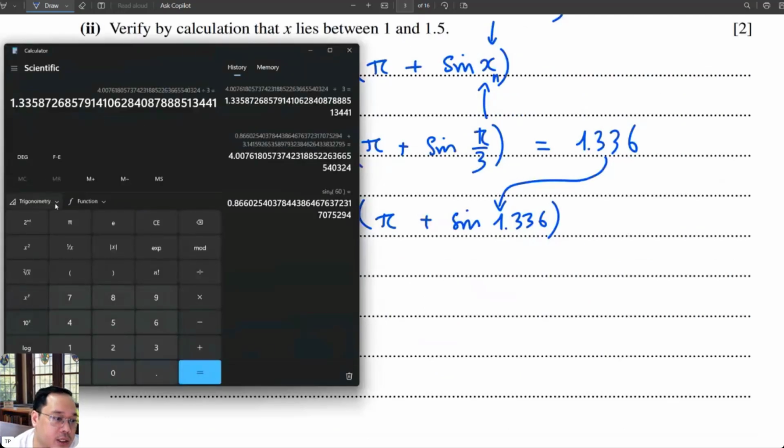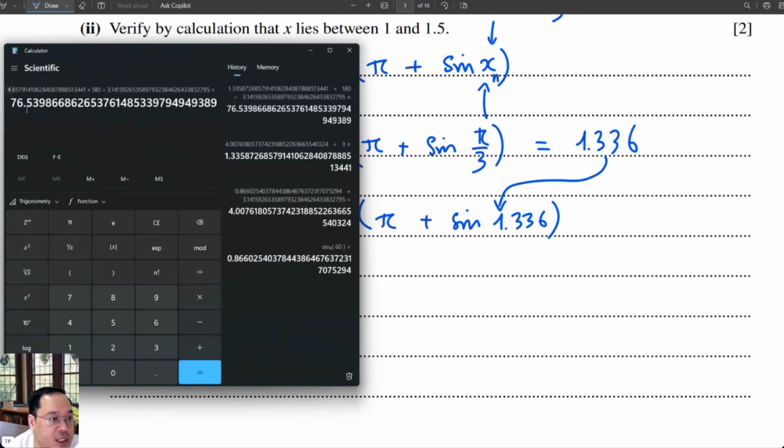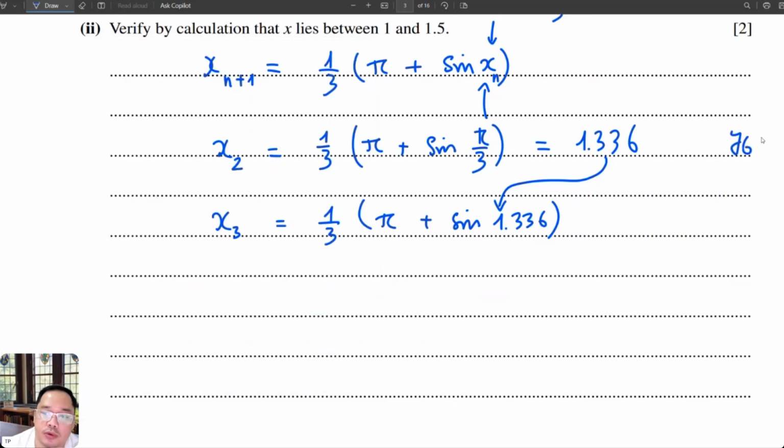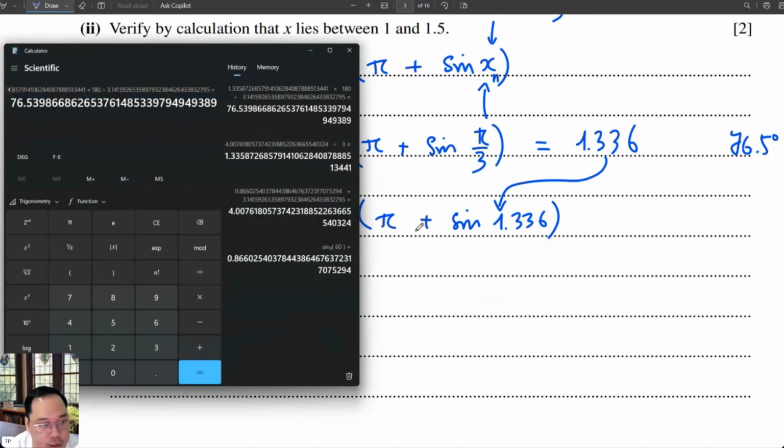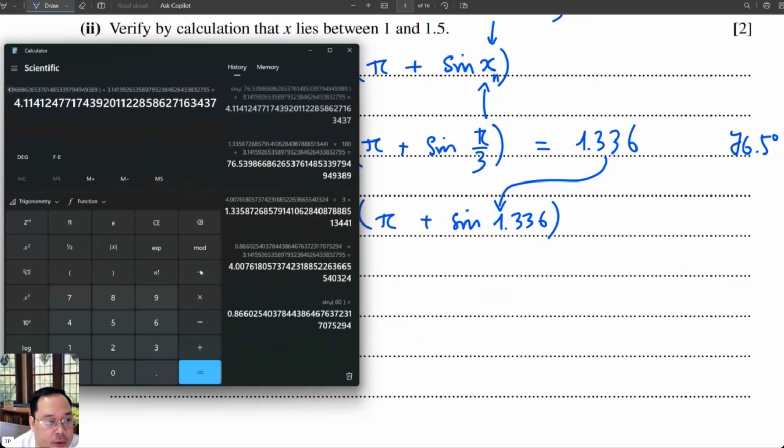This value is in radian. Therefore, to calculate the sine, if I use this calculator, I need to convert that into degrees first. Multiply by 180 degrees and divide by pi. So this is the angle, 76.5 degrees. Take the sine of that angle, and then add it with pi, and lastly divide by 3.